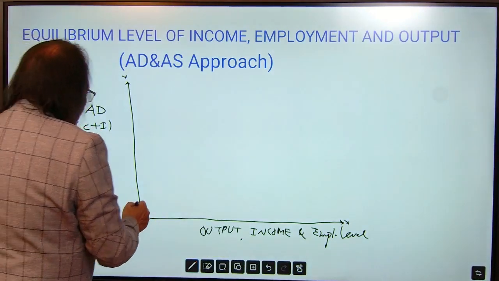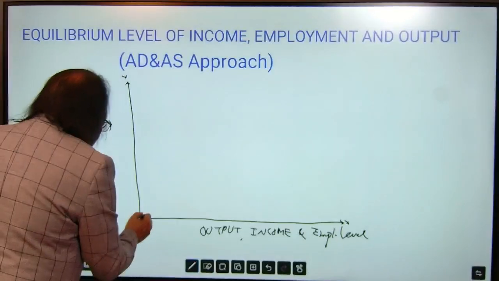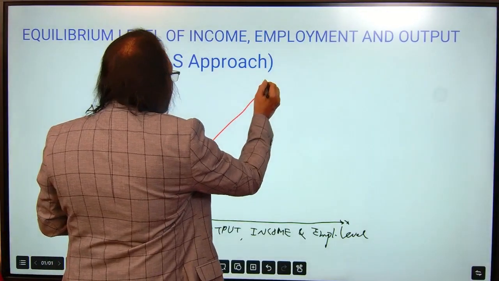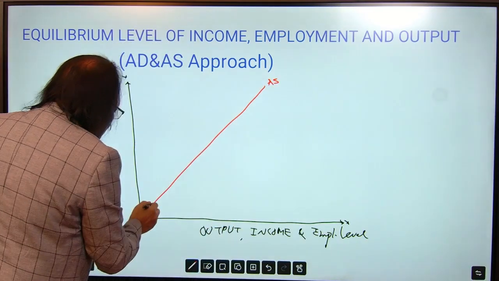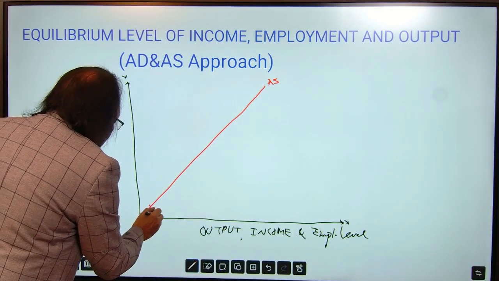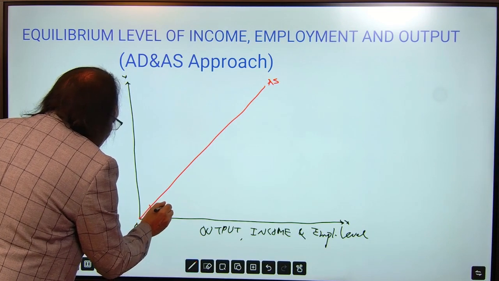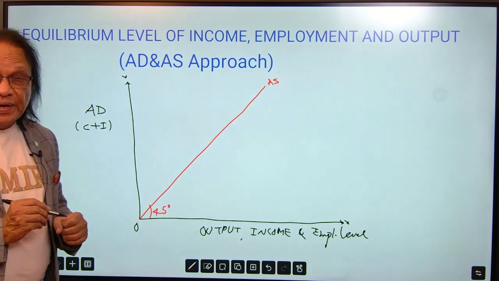So we'll take a guiding line, we call it the 45 degrees line. We call it aggregate supply. You write it as the 45 degrees line.